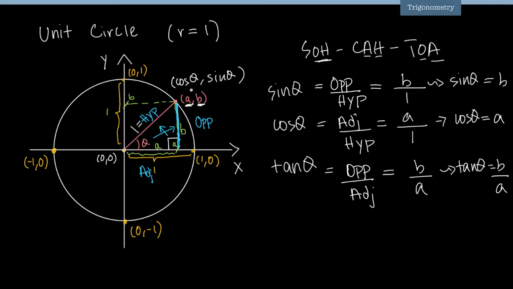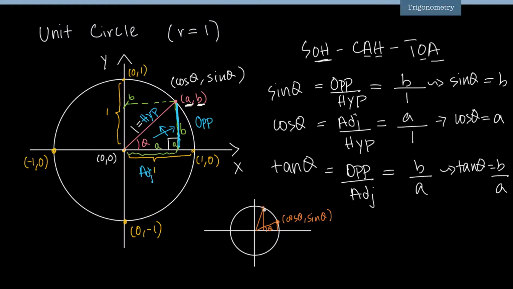So what this means is that for any angle theta, if I draw a smaller triangle with a smaller angle theta, even then the point of intersection is going to be A comma B, meaning cosine theta comma sine theta. If I draw a bigger angle like this, I would get a bigger triangle.